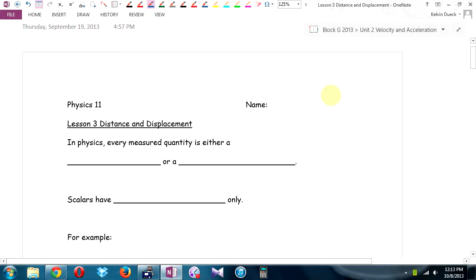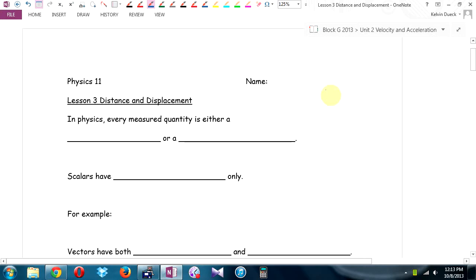Here we go. In physics, you learned last year in Science 10, in theory, every measured quantity is either a vector or a scalar. And this year, you'll start to see why it is important that you know the difference.